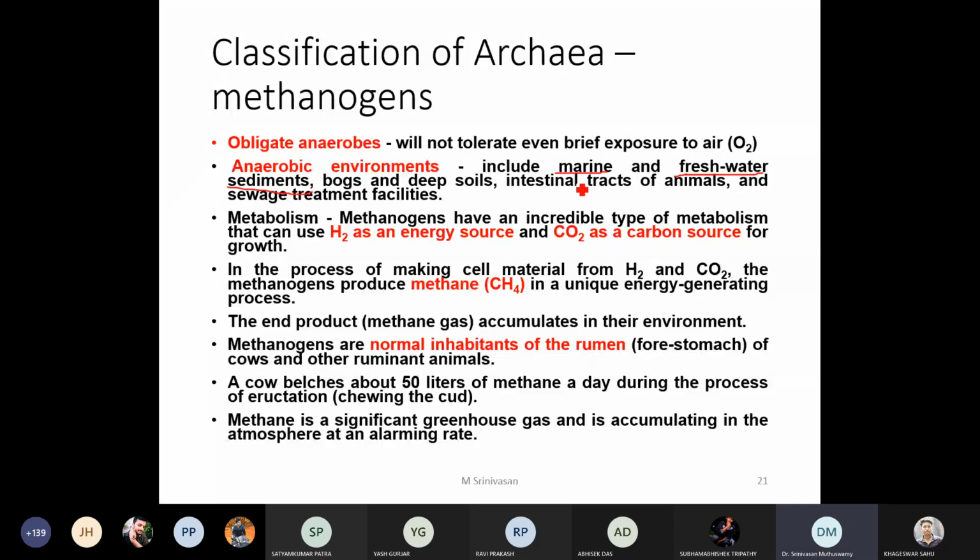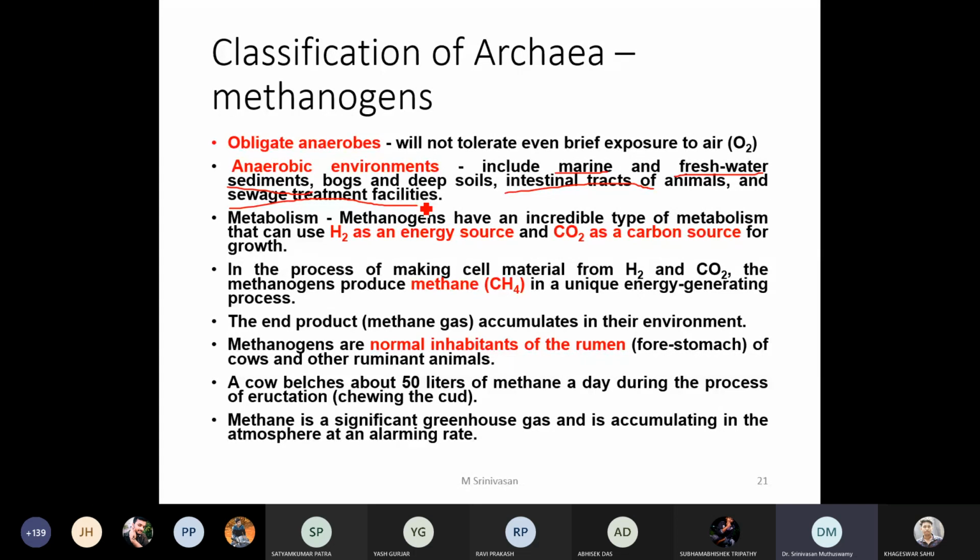Also deep soils, the intestinal tracts of animals I told you already, and the sewage treatment plant, because sewage contains a huge amount of organic matter, and the sewage ditch will not allow oxygen to get into the deep areas. So the methanogenic bacteria can grow there, and we would have heard that methane poisoning is quite common when the sewage is being cleaned up.